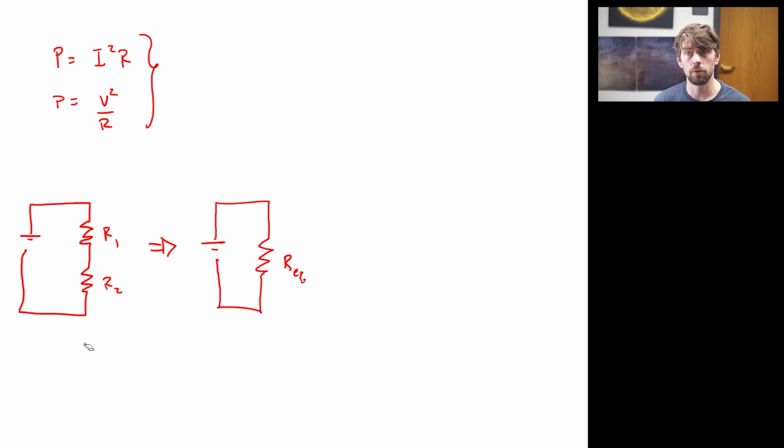The battery ensures that the drop across the resistors is the same in either situation. So we don't have to worry about it. But the second thing we have to do is make sure that the amount of energy withdrawn from the circuit stays the same, or equivalently, that the current running through the circuit stays consistent. So we have to make sure that the current stays the same.